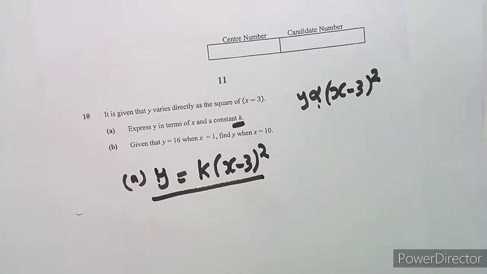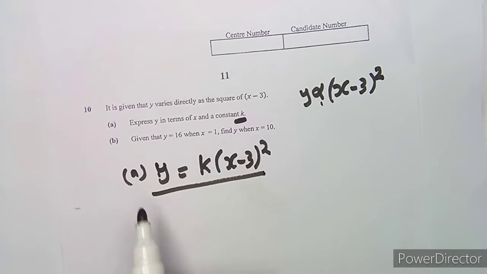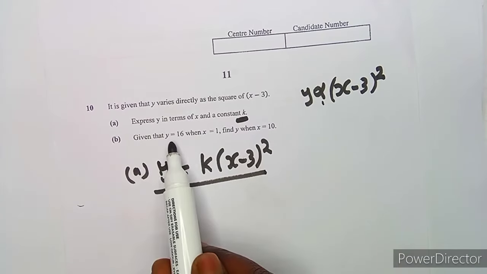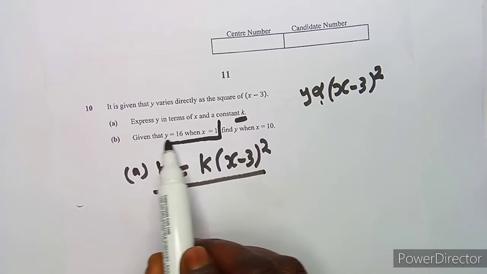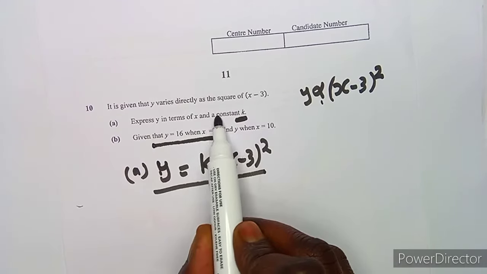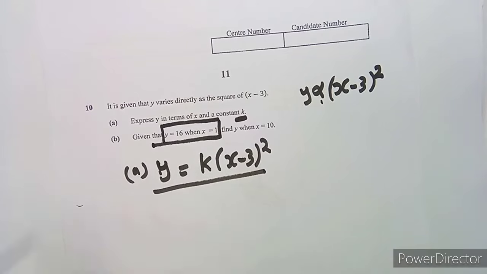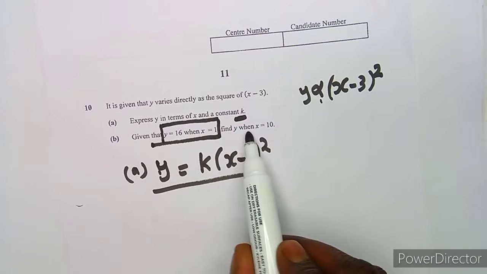They said in terms of a constant k. They didn't say find that constant. Then on B, we are given that y is 16 when x is equal to 1. There is information given between these two. Then find y when x.